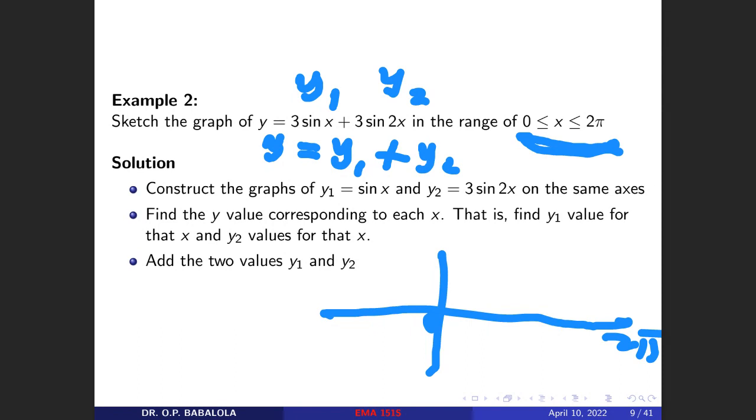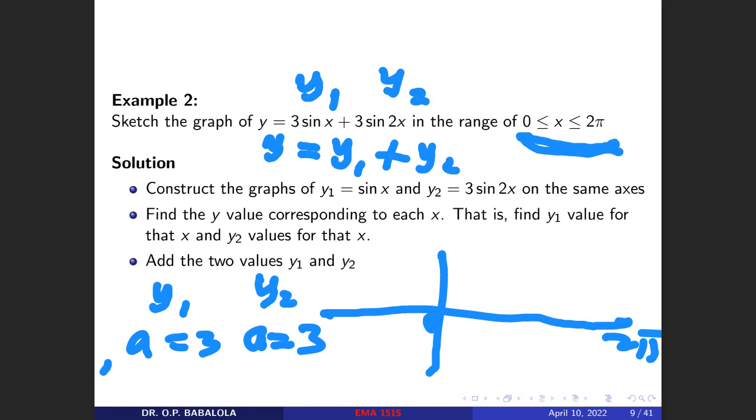And from our example, we know already that our A in y1 is 3. And in y2, A is what? 3. Okay? And we have been given the range already.